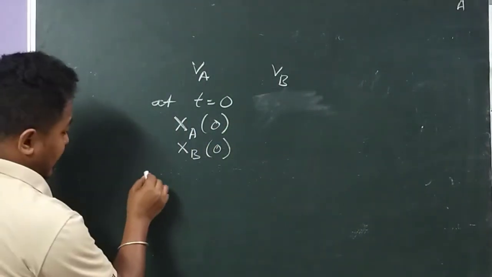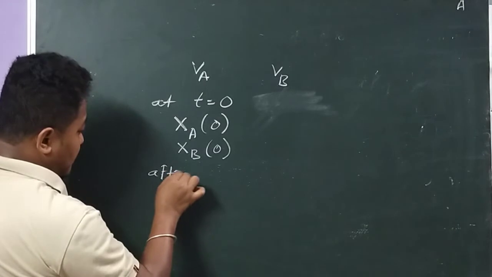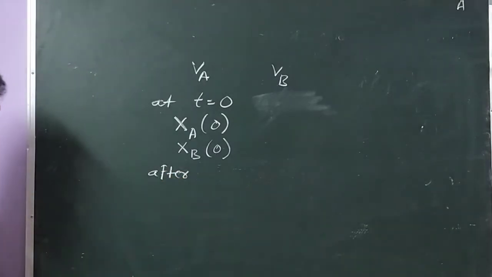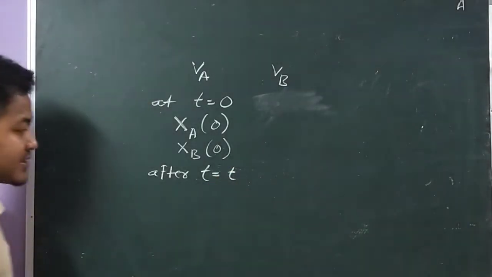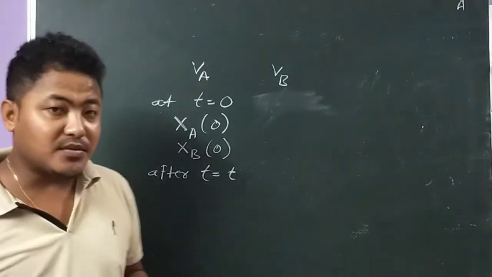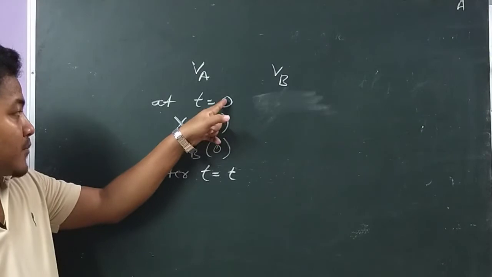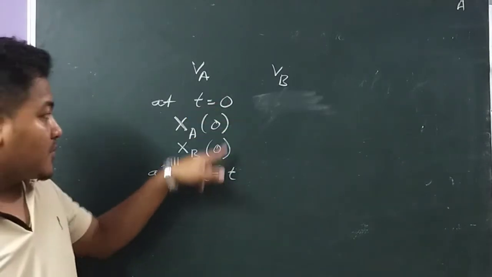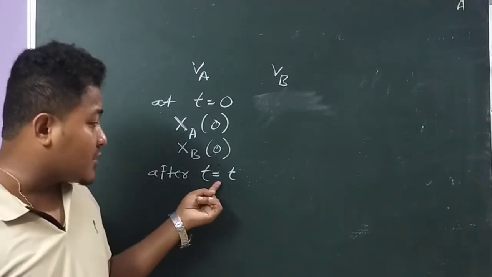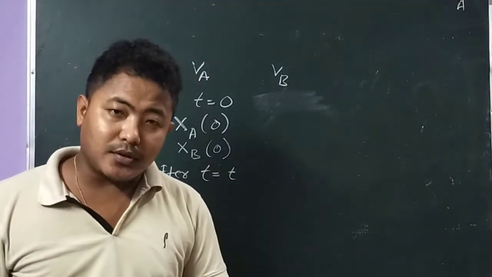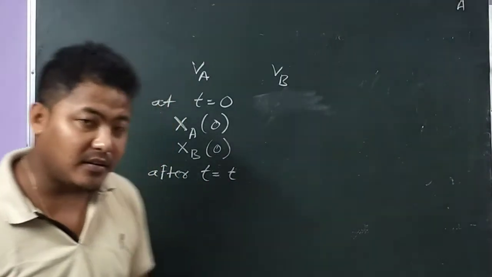Now after time t equal to t, that means time has changed from 0 to t, you can write the positions of the objects.